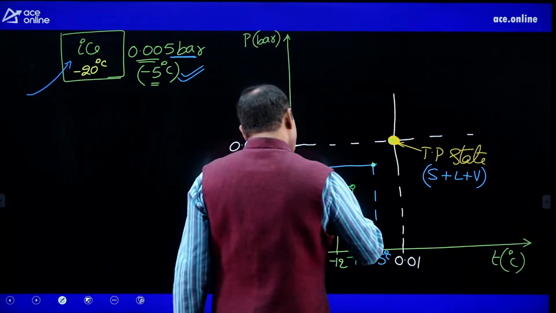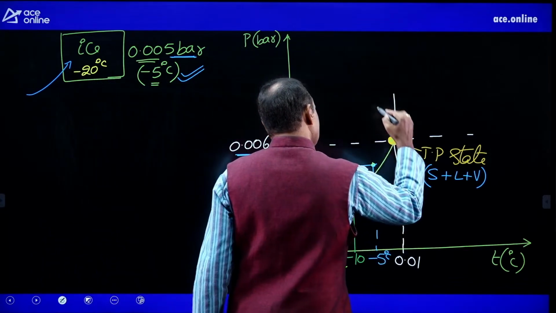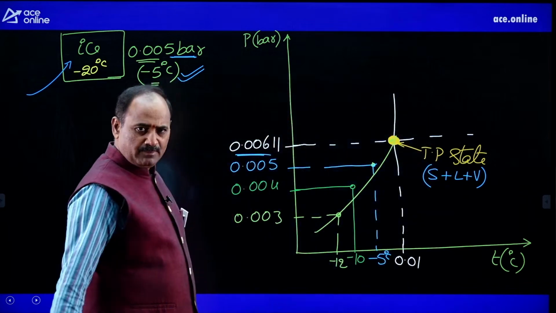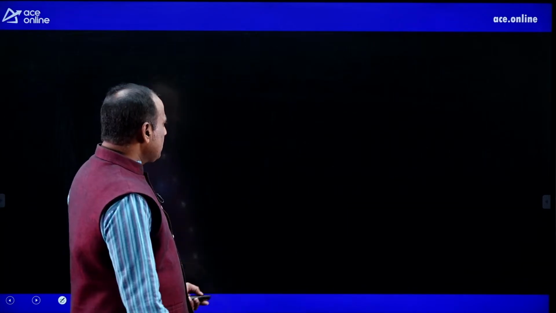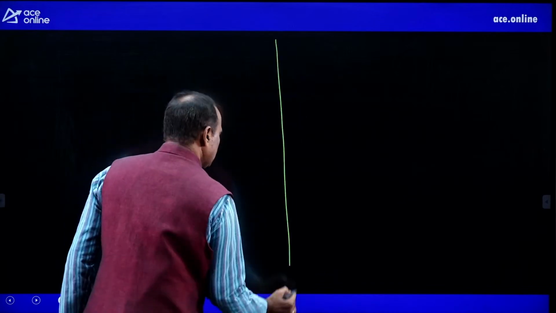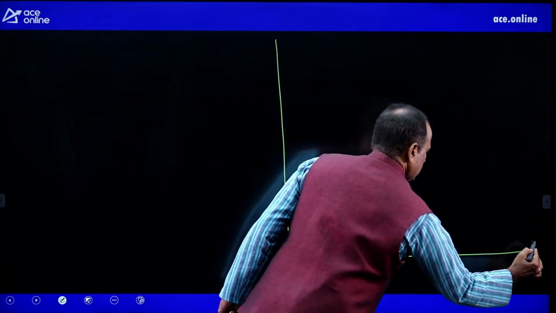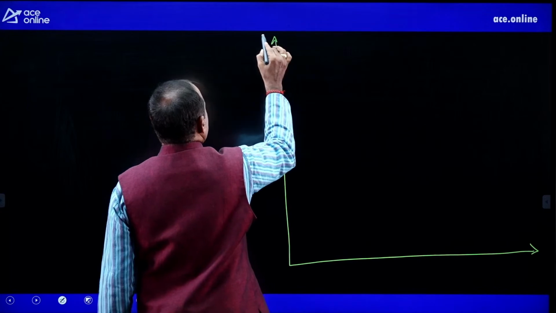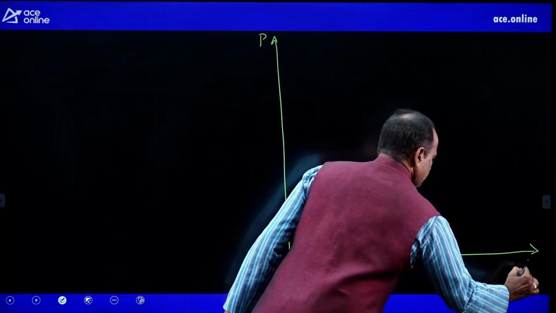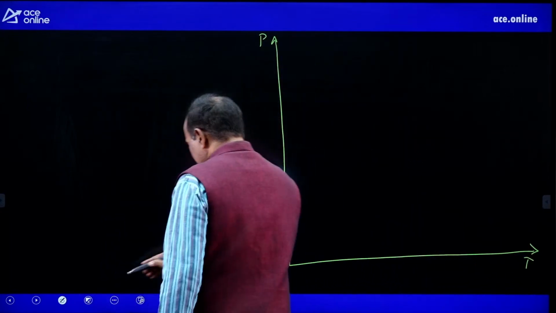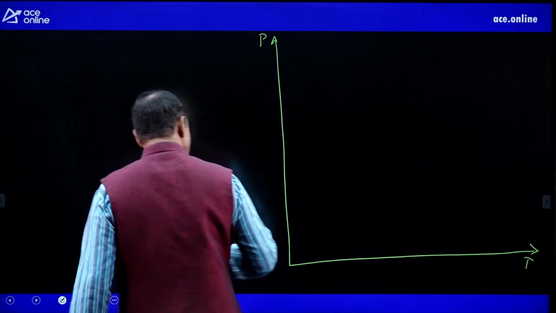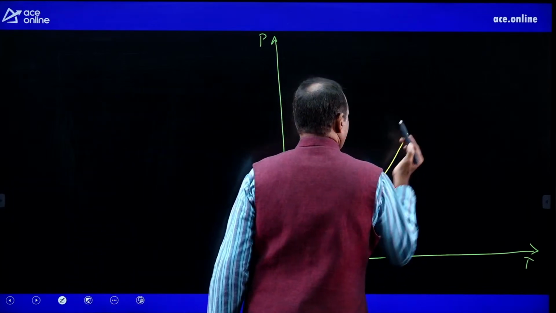If you join all the saturation states, you get a smooth curve called the sublimation curve. You can mark that sublimation curve on the pressure versus temperature coordinate system. This is how the sublimation curve appears.